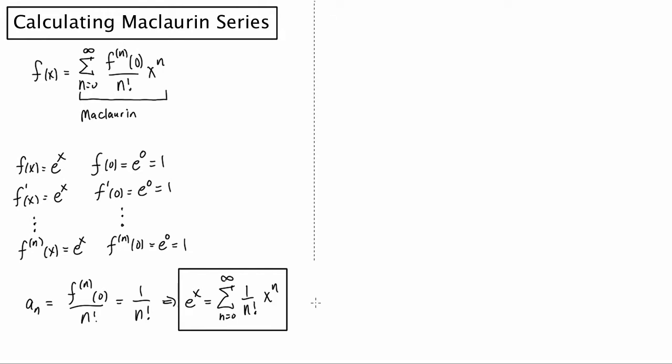All right, let's go ahead and shift gears now and look at cosine of x. If my function is cosine of x, then its value at 0 is cosine of 0, which is 1.